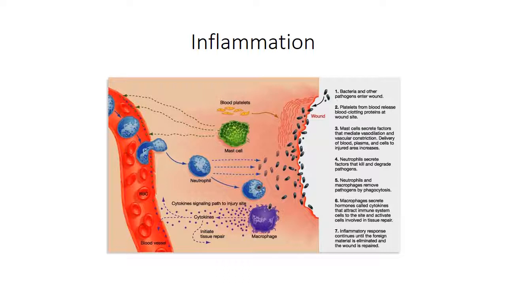They produce the so-called mediators of inflammation. You see these punctuated blue lines with arrows that come from neutrophils. They symbolize these mediators of inflammation. The most common mediator of inflammation is histamine, but there are others.